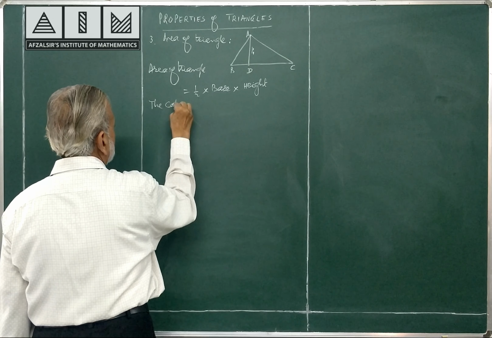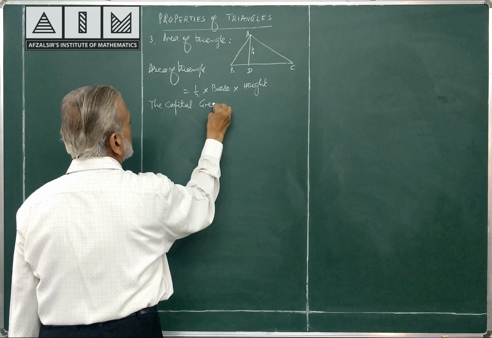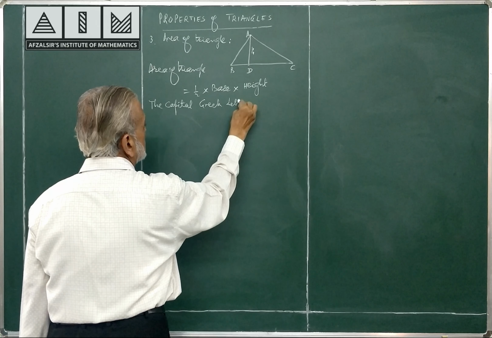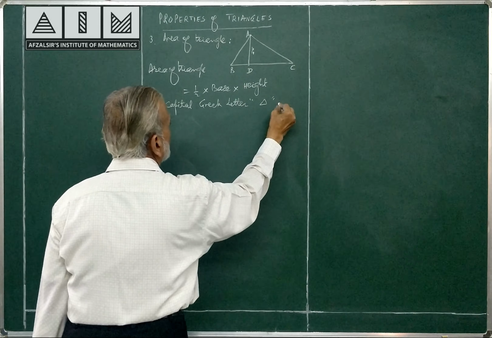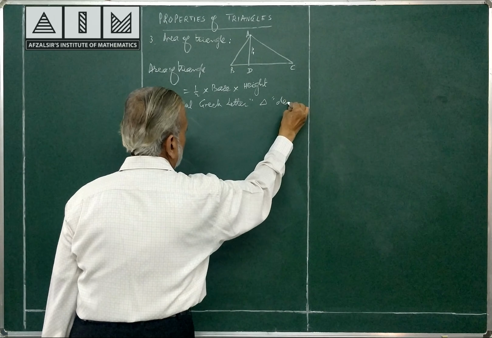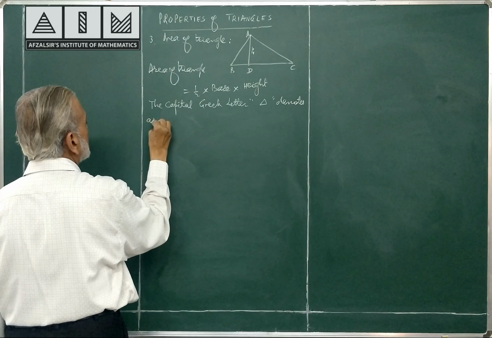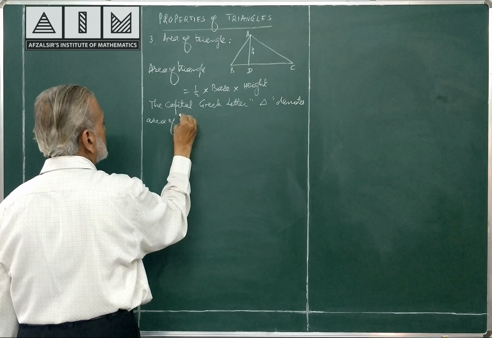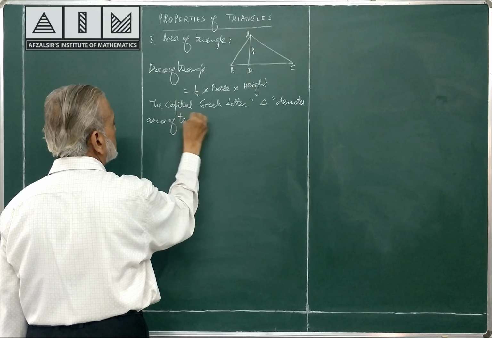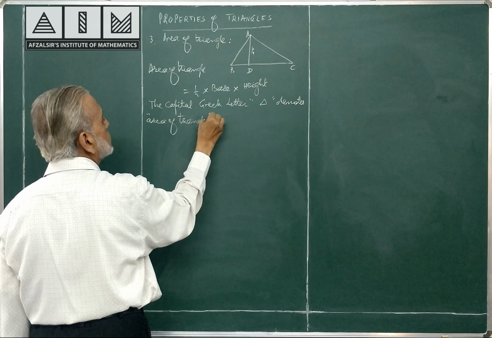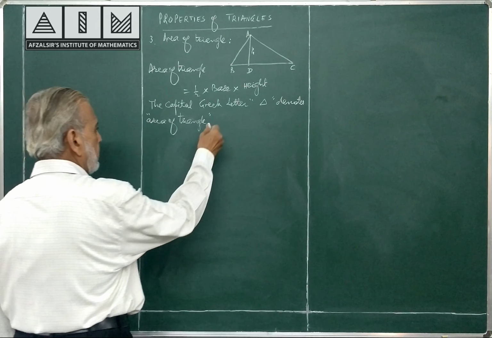The capital letter delta, this denotes area of triangle. I will write here delta.